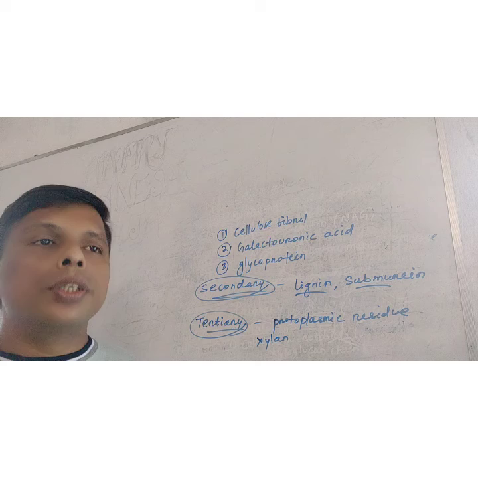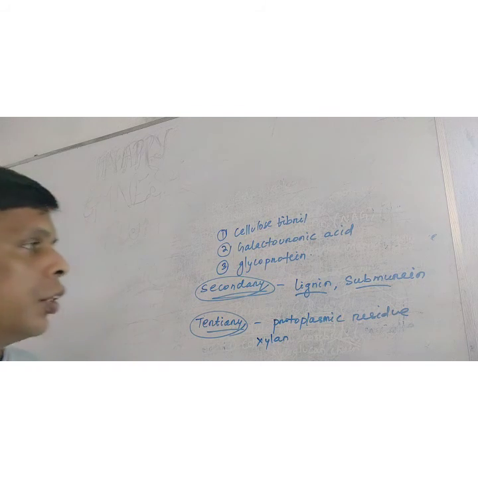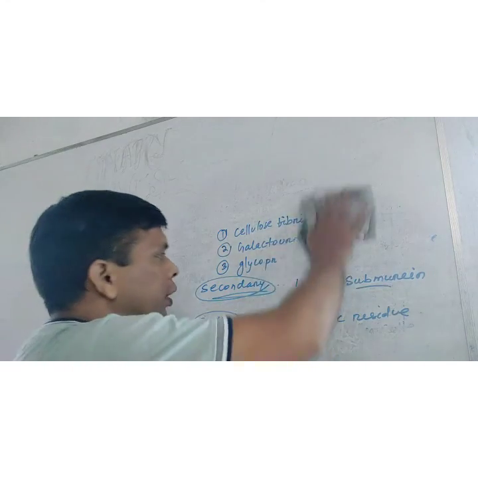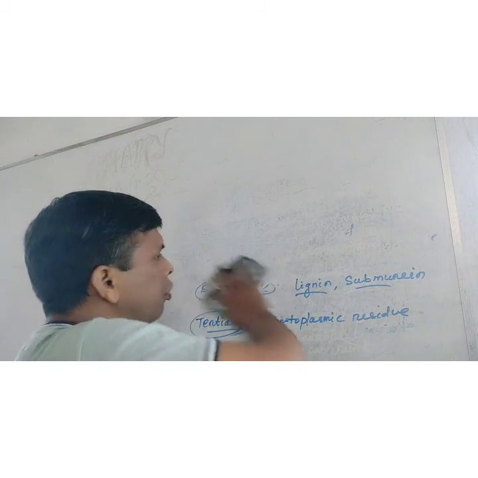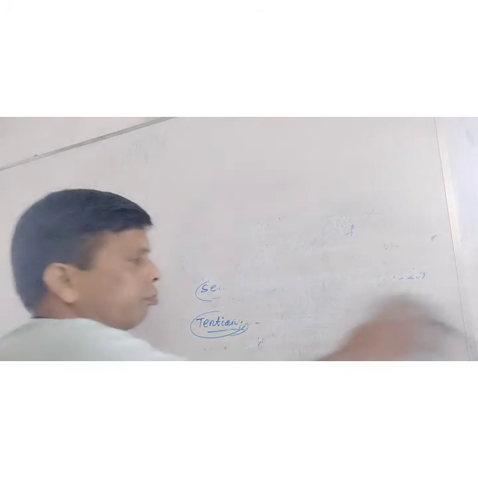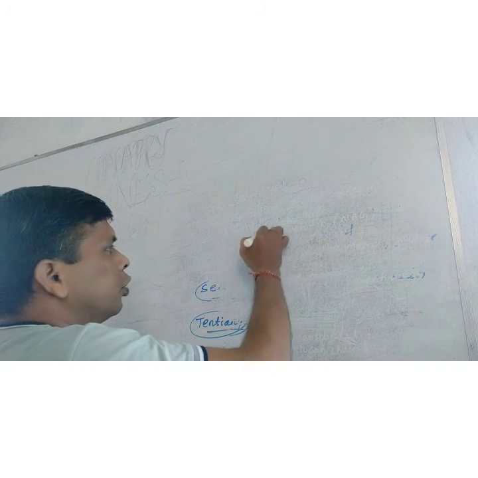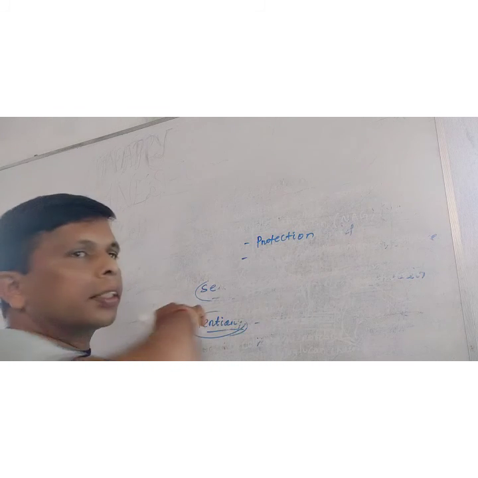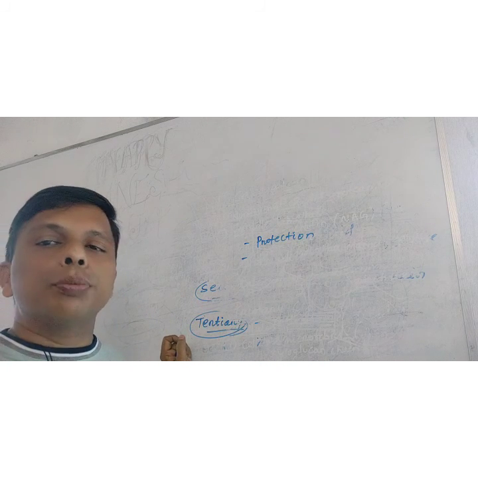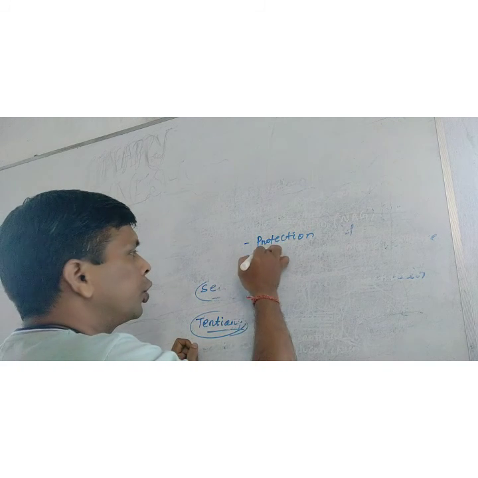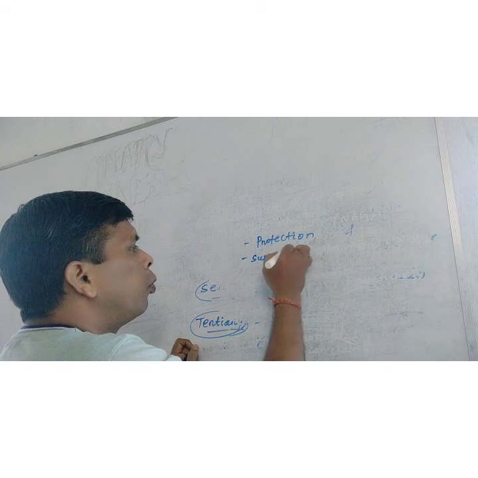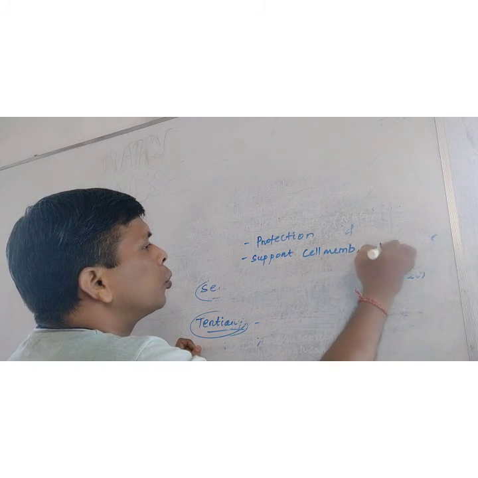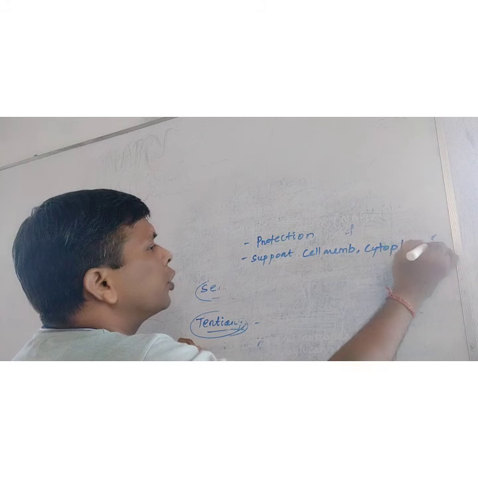Then come to the functions of the cell wall. The first function is to protect the cell. Next, it supports the plasma membrane and cytoplasm.